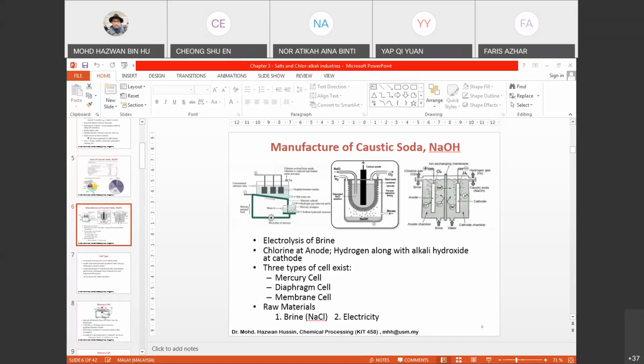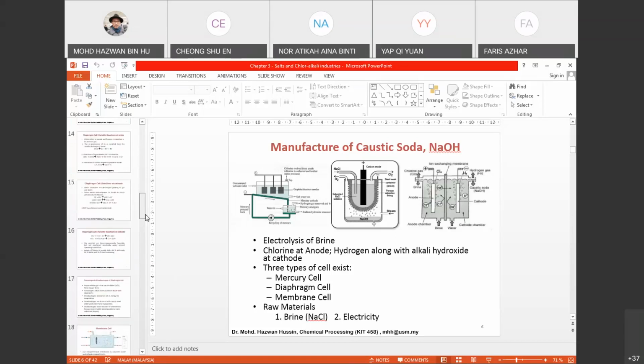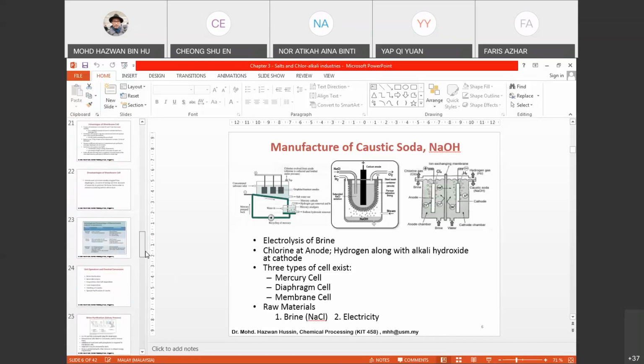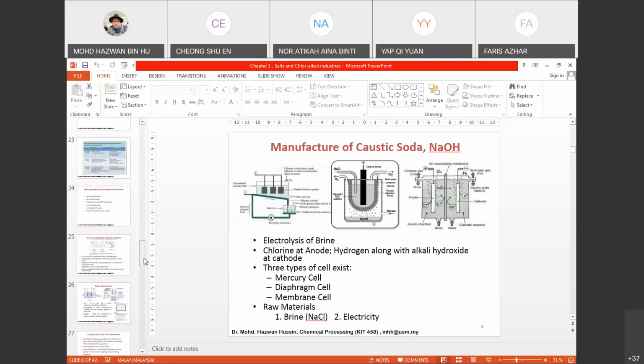And it has a semi-permeable membrane, which is made up of polymer or naphthalene.